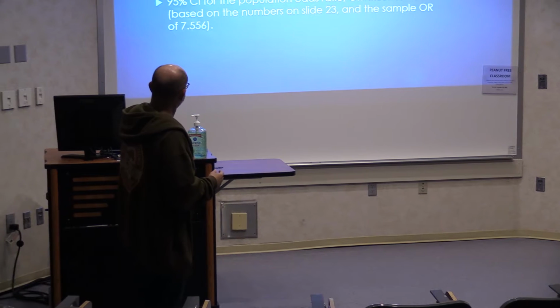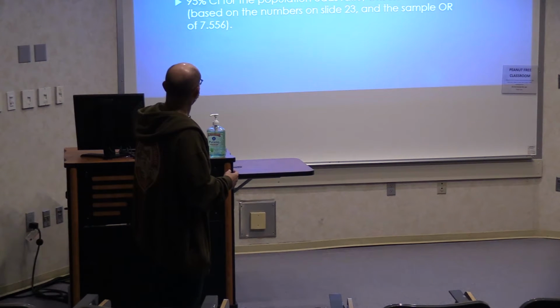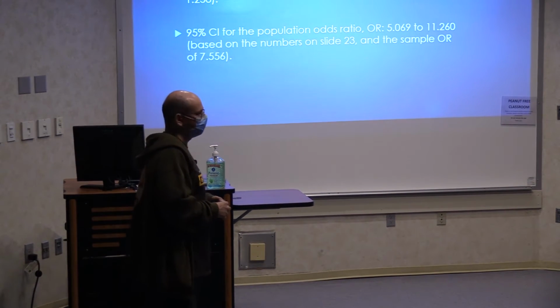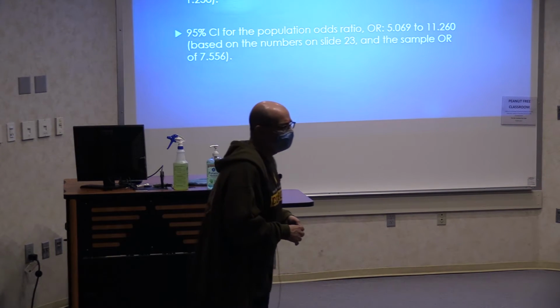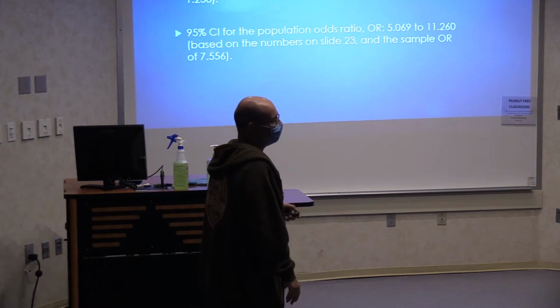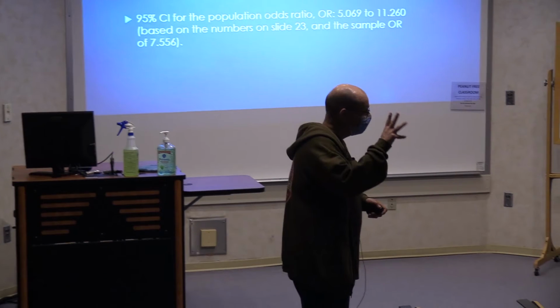In our example, remember our sample risk ratio was 1.258, and the actual range is 1.1792 to 1.342. That's good. I'm safe, because 1 is not included in this confidence interval. Remember, 1 is the bad value.